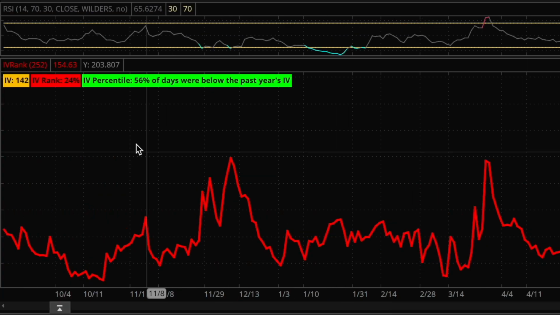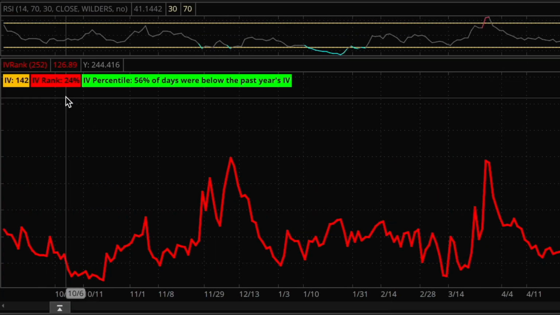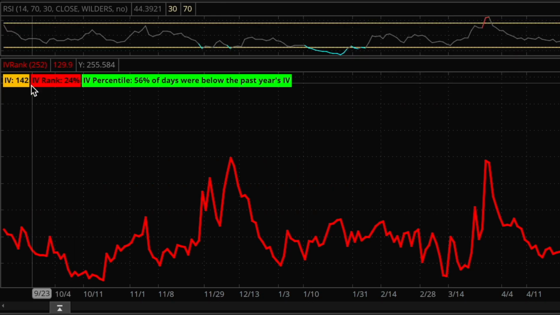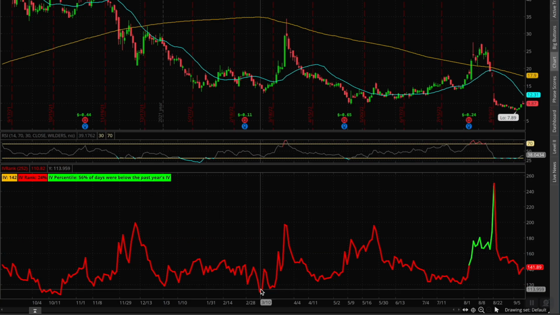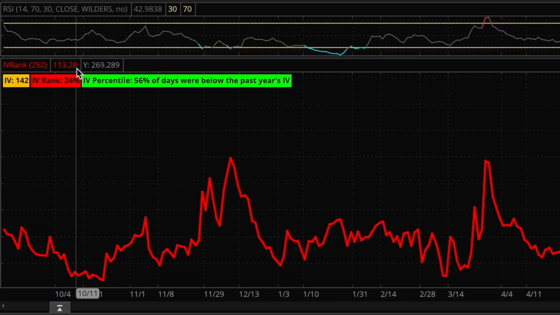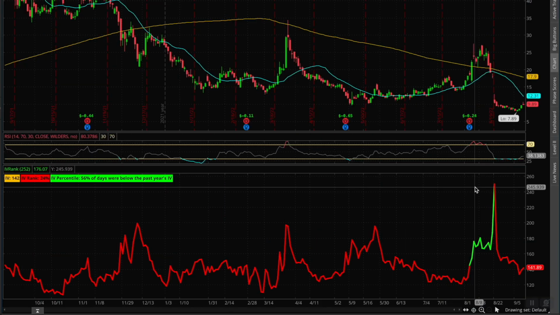Specifically, this IV rank indicator is always a number between 0 and 100%, where a value close to 0 means that the current implied volatility is very close or perhaps below the previous 1 year low of implied volatility. And conversely, an IV rank value close to 100% would mean the current implied volatility is close to or perhaps above the highest point of implied volatility in the past 1 year.